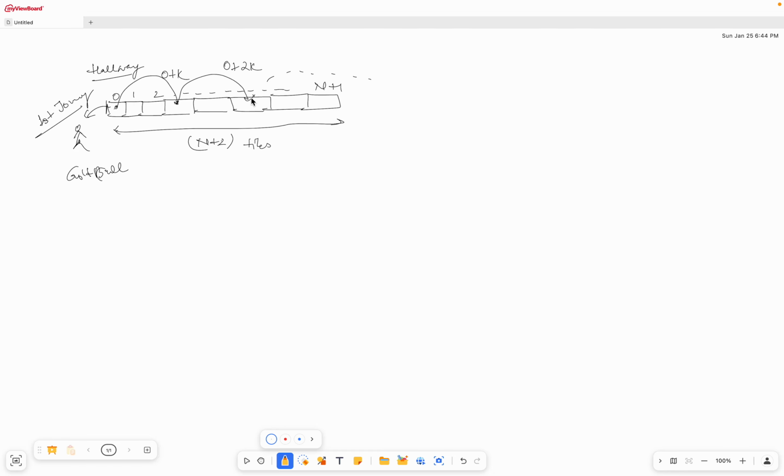Between these tiles there is a tile numbered x, which has a hole. So the ball's trajectory is from 0 to k, then 2k, then 3k, and so on until it crosses n plus 1.